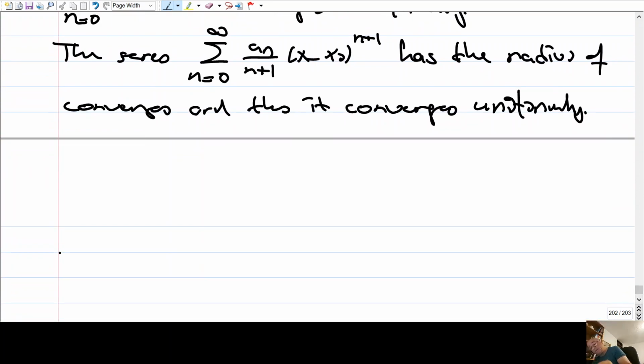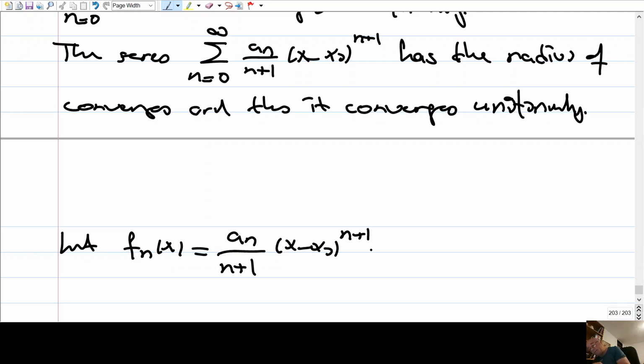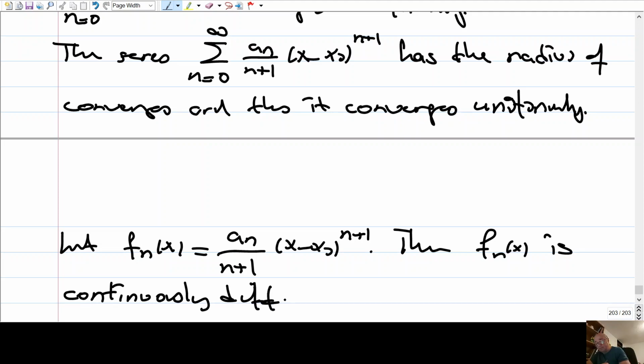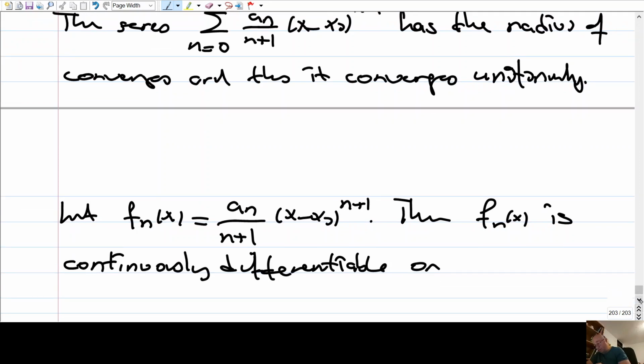Okay. Now let f_n(x) be this function, a_n over n plus 1 times (x minus x0) to the power n plus 1. Then f_n(x) is, of course, continuously differentiable on this interval [a, b] with derivative.